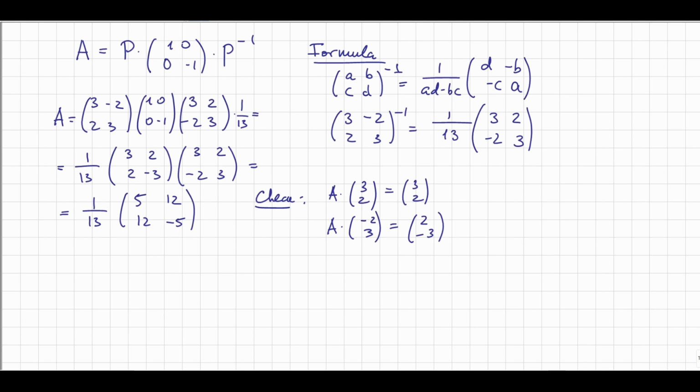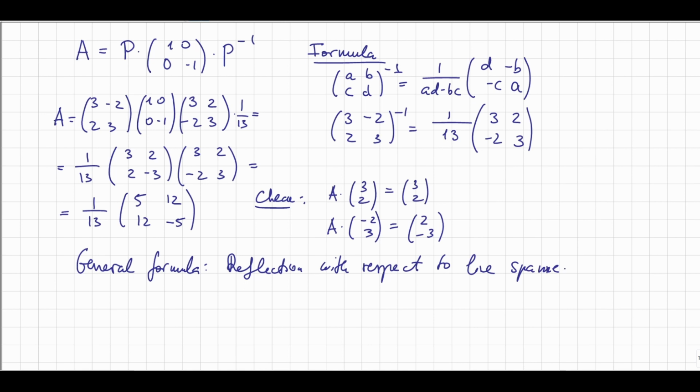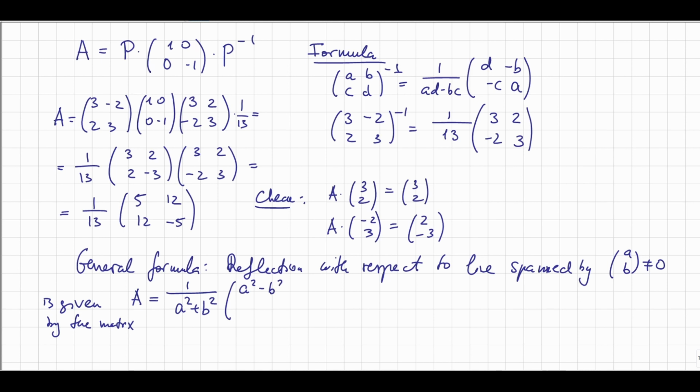Using the same method as above, for the general vector, we'll have the following formula. So the general formula: reflection with respect to the line spanned by the vector A, B, different from 0, is given by the matrix A, which is 1 divided by A squared plus B squared, and then we'll get the formula A squared minus B squared.